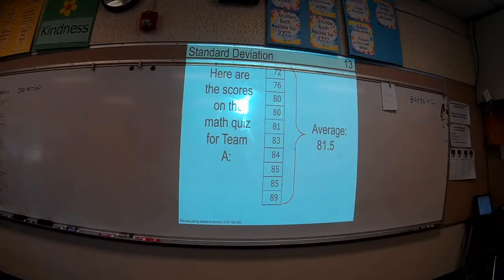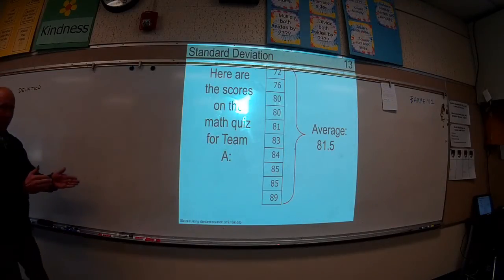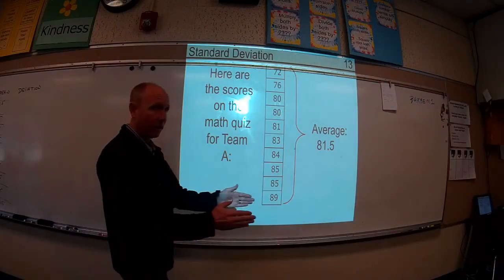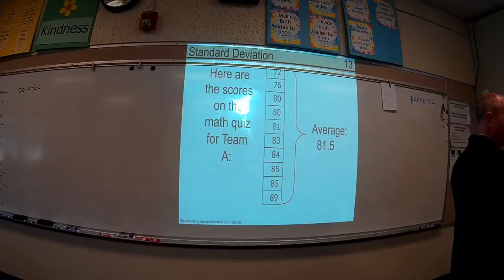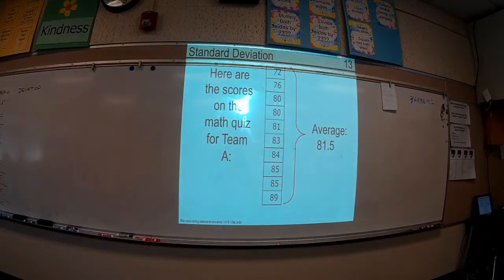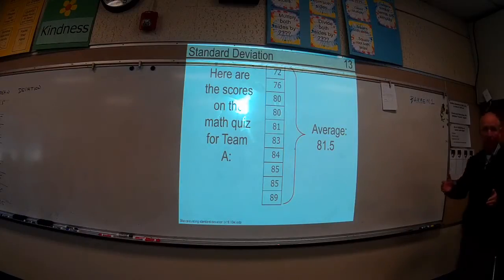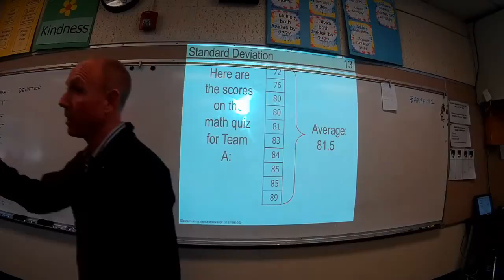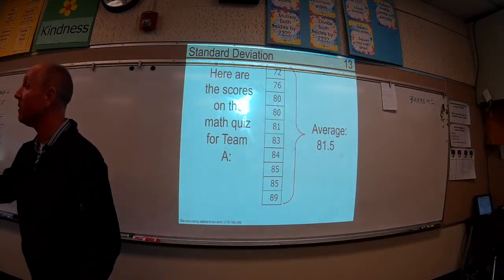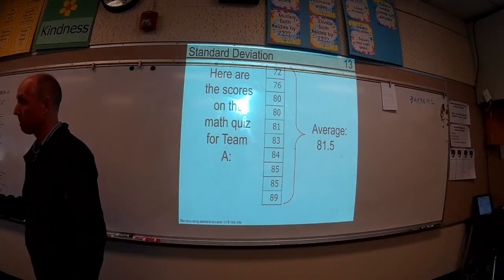So a deviation: if I am on a path, and I start going off the path, I am deviating. If we have a plan, and I'm going along with the plan, and then suddenly I go off the plan, I am deviating from the plan.